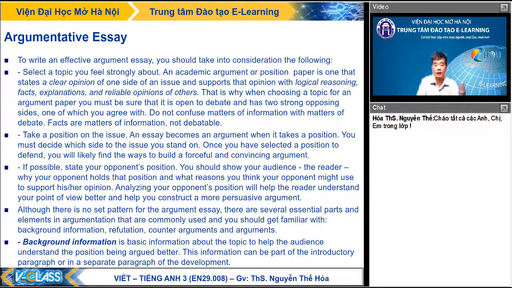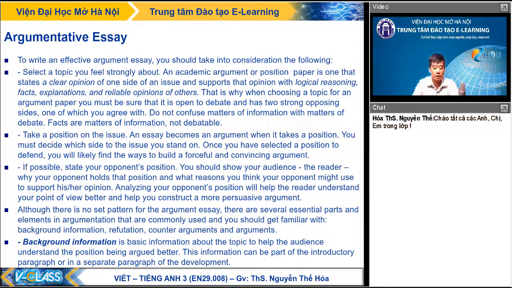And next, in order to write an effects argument essay or argumentative essay, you should take into consideration the following. Now, select the topic you feel strongly about.